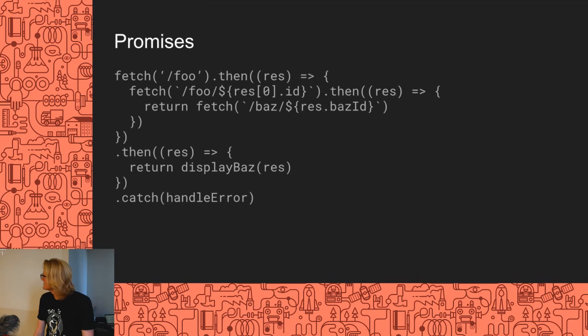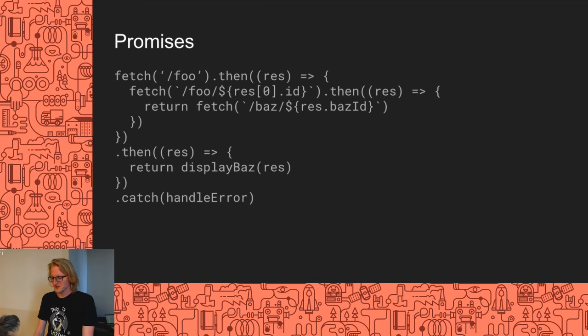You do still have to be careful with promises. They make it easier to write readable code, or you could accidentally end up writing something like this. You should really always, in the then function, return a new promise.